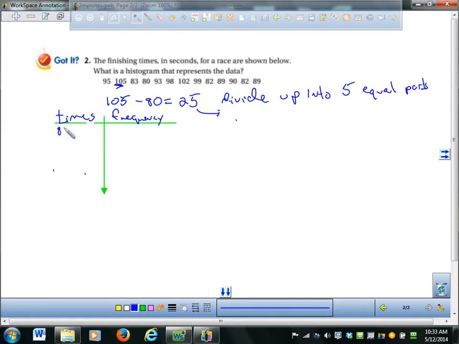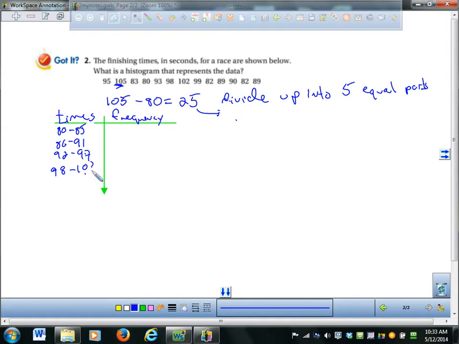So of 5, can we do 80 to 85? 86 to 91. 92 to 97. And then 98 to 103.